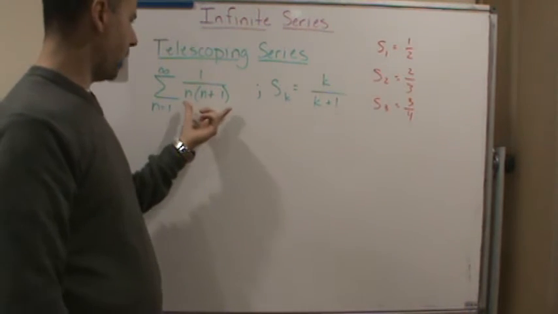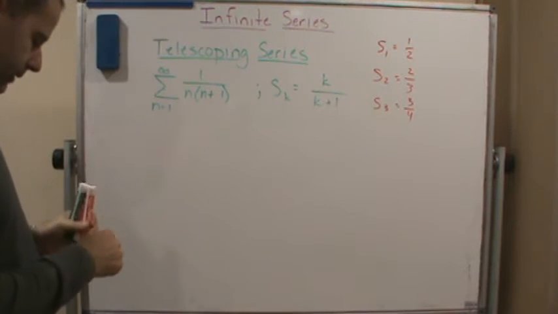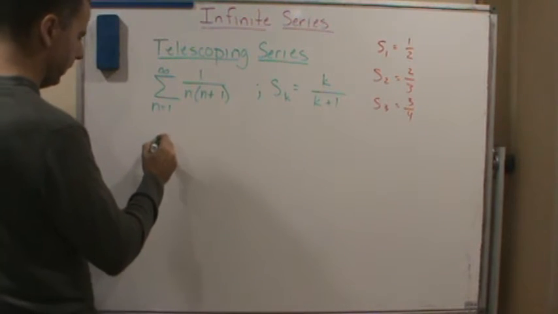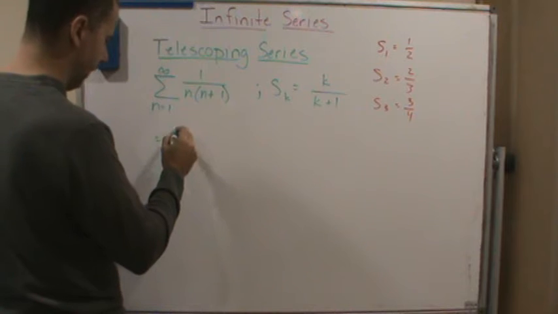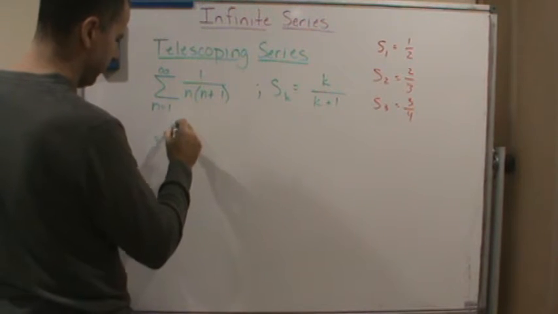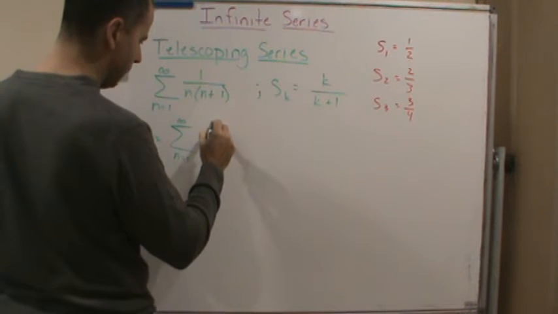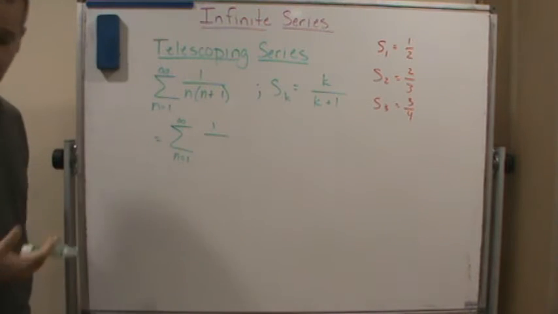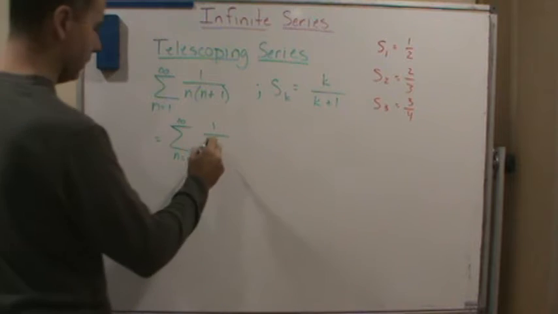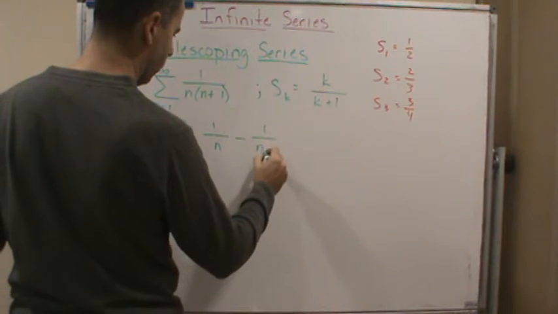Now, let's define this differently. If I use partial fractions on this, I can rewrite the series in an equivalent manner. N equals 1 to infinity, and by using the technique of partial fractions, this becomes 1 over n minus 1 over n plus 1.